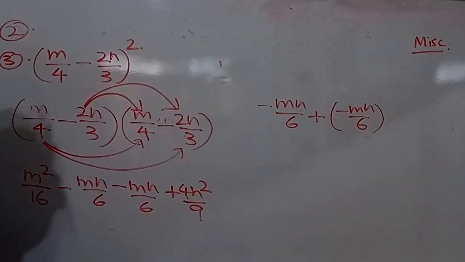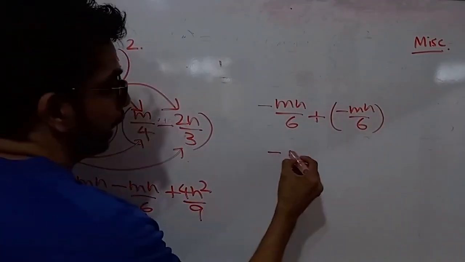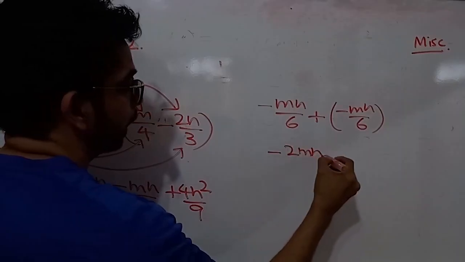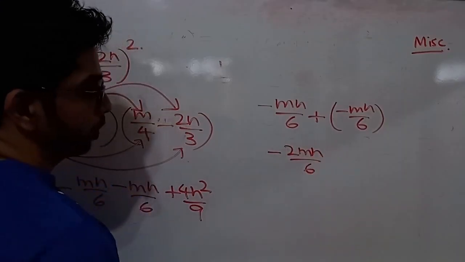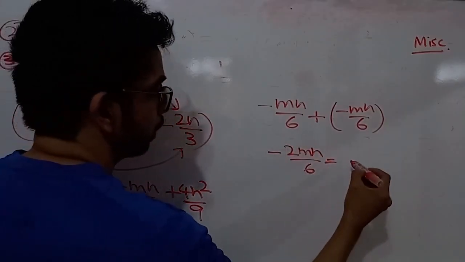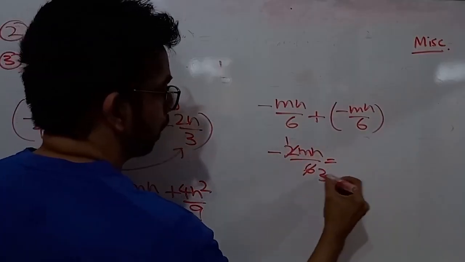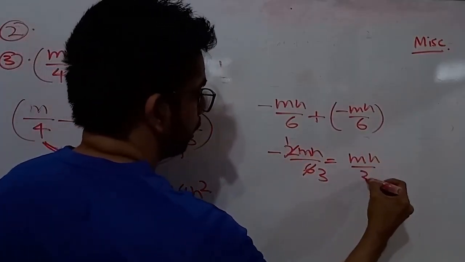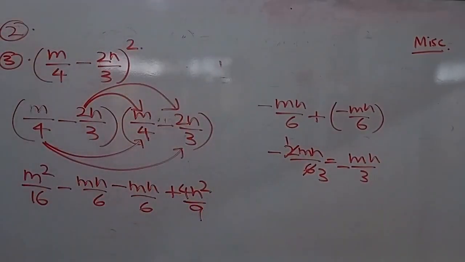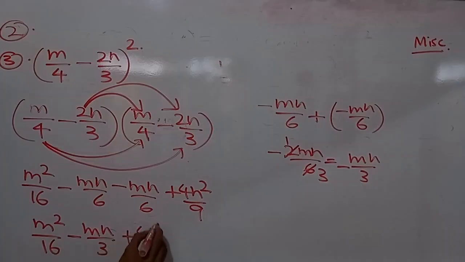Right? There are two negative Mn by 6. So we can further simplify this as Mn by 3, but it's a negative value. So M squared by 16 minus Mn by 3 plus 4n squared by 9.